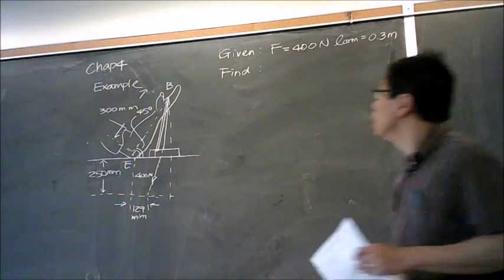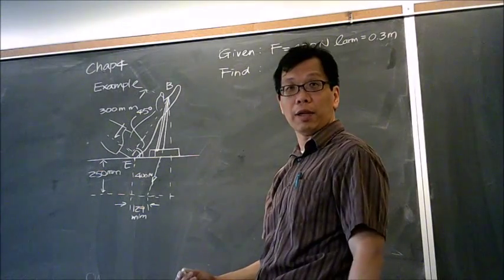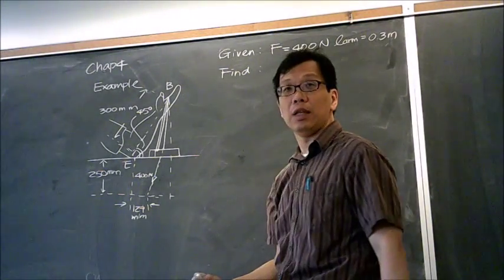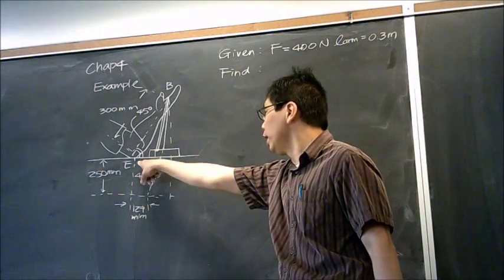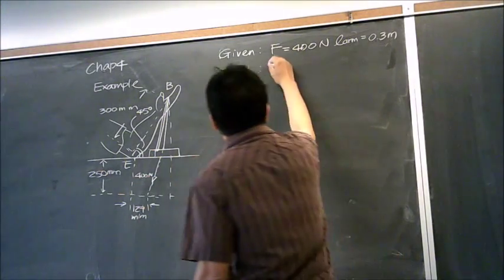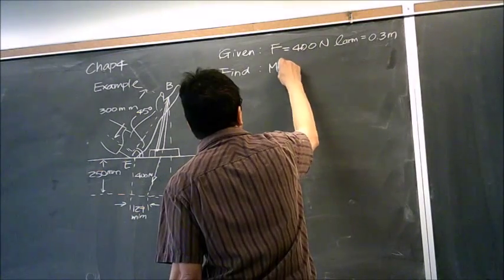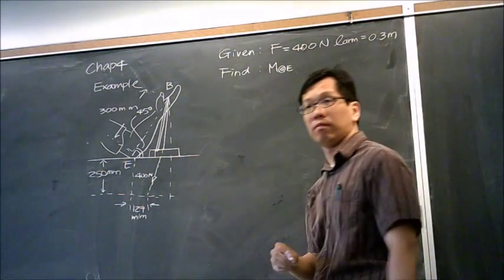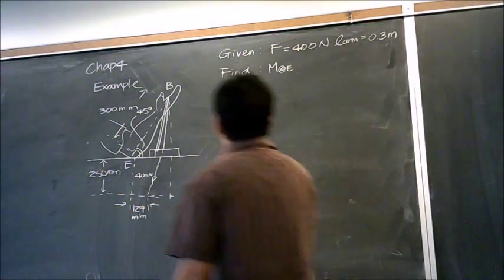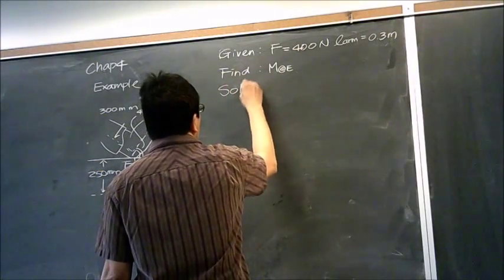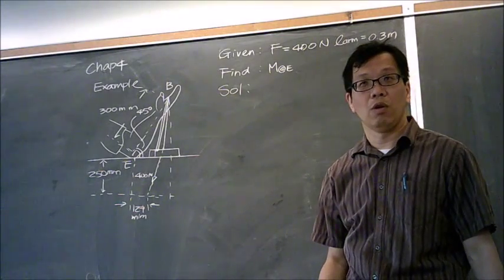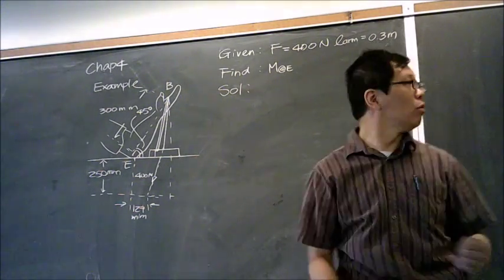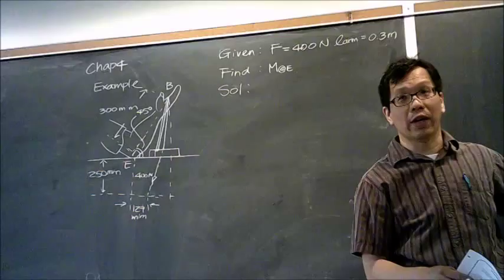Okay, what do I need to find? I want to find the moment created at a fixed position where it is E. So I need to find M at E. So if I want to use principle of moments, I need to find four numbers: dx, dy, Fx, and Fy.